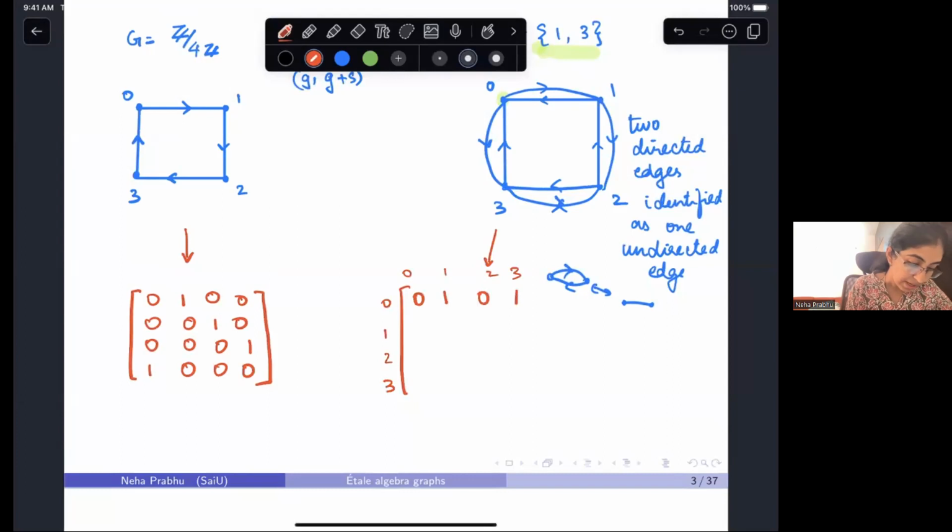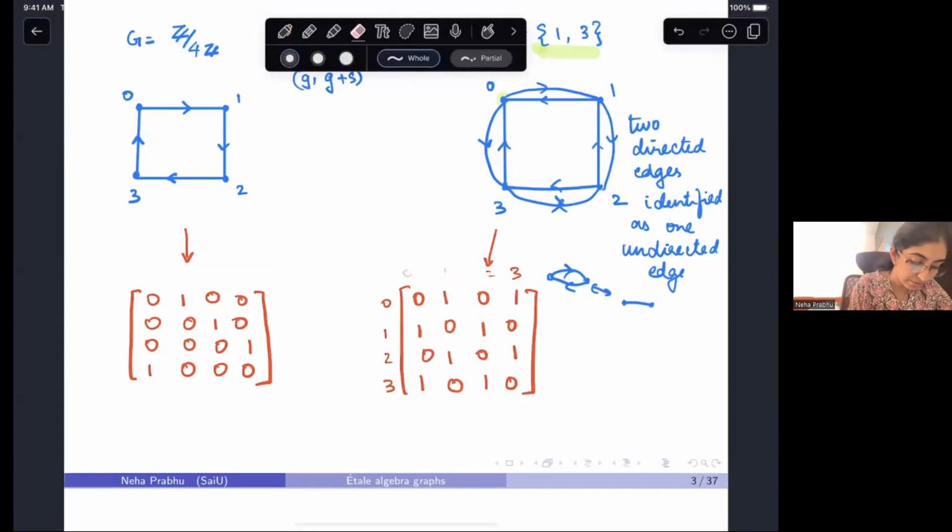And then 1 goes to 2, and 1 goes to 0. 2 goes to 3, and 2 goes to 1. And 3 goes to 0, and 3 goes to 2. Okay, then I fill in everything else with zeros, and here I have my adjacency matrix for this other graph.